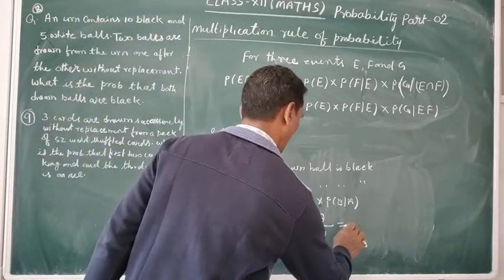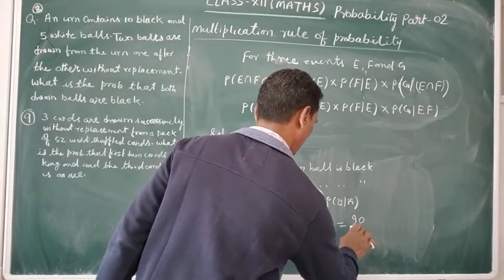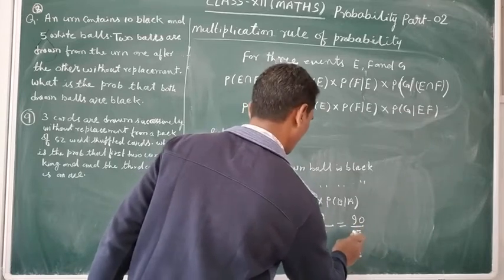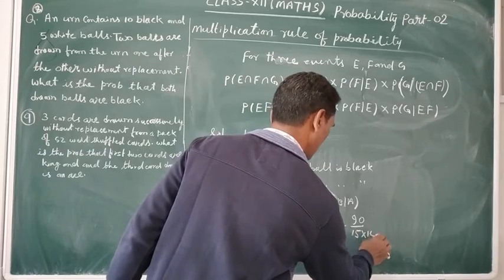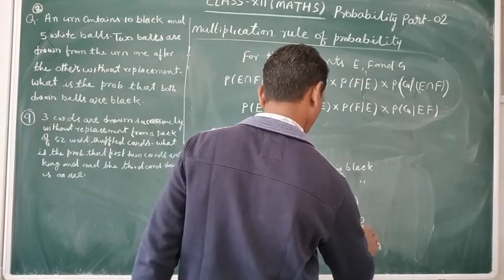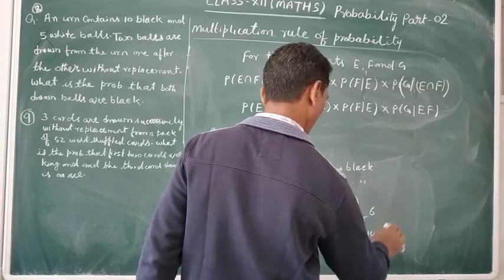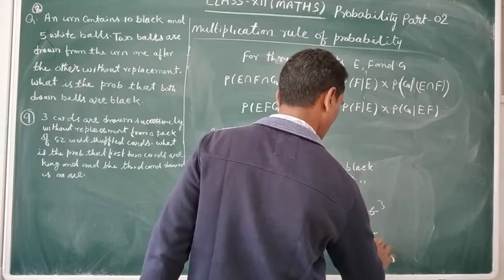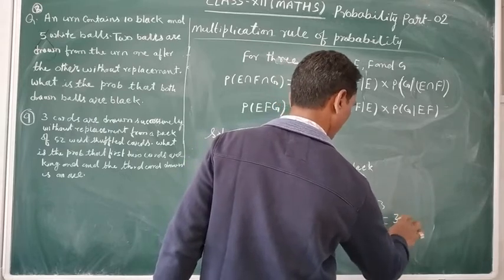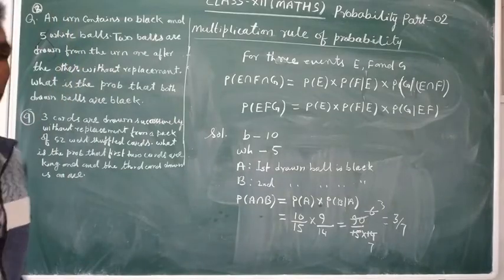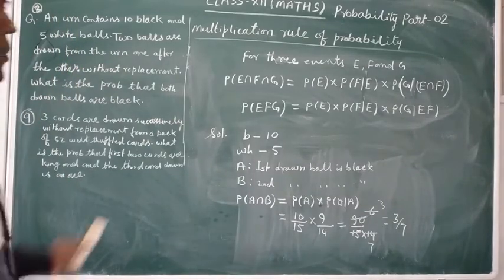So the answer is 90 by 15 into 14. You can cancel this, and then by 2, 3, 7, so 3 by 7. In this question we have applied the multiplication rule for 2 events.